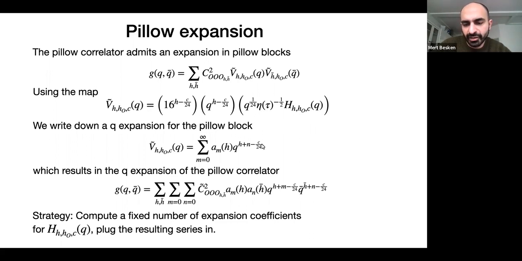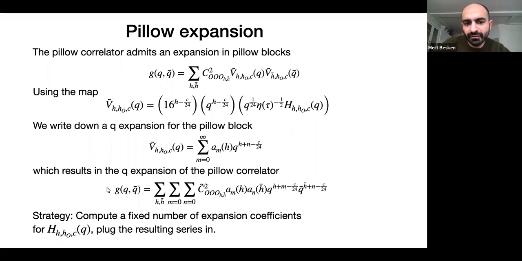It will have a Q expansion, not in integer powers of Q, but because of these powers here, it will have H minus C over 24 times some integer, and there will be some coefficients. And what we have seen due to the pillow quantization is that these A coefficients have to be positive.